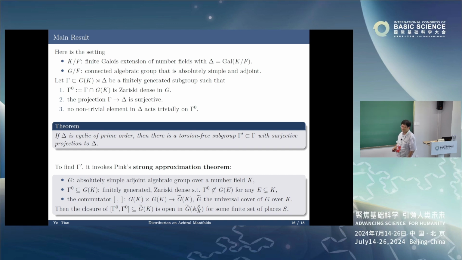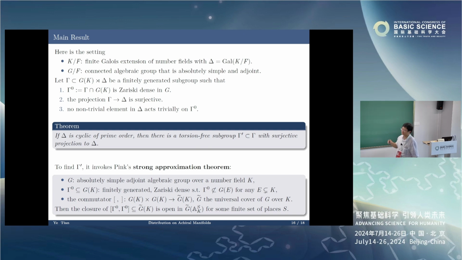Suppose you have a finitely generated subgroup gamma contained in G(K) semidirect product delta, such that the following three conditions hold. First, gamma 0, the intersection of gamma with G(K), is Zariski dense in G. Also the projection from gamma to delta is surjective.